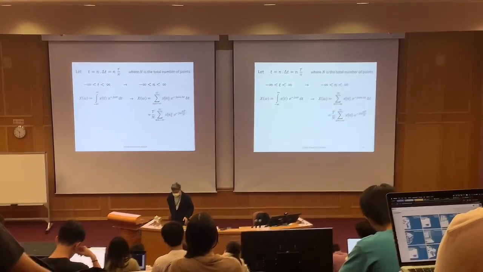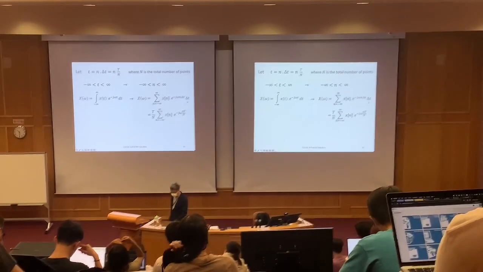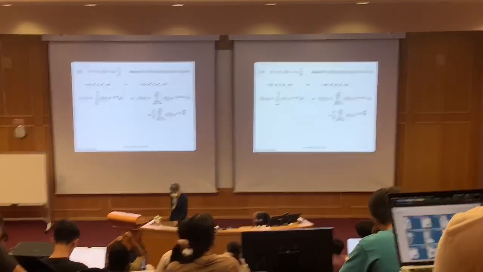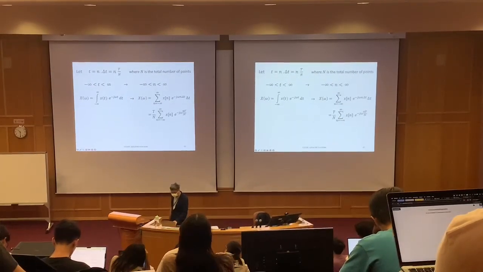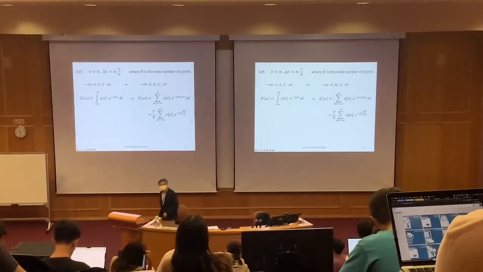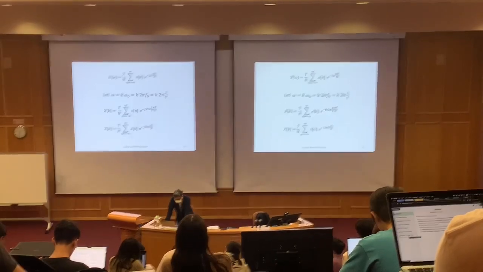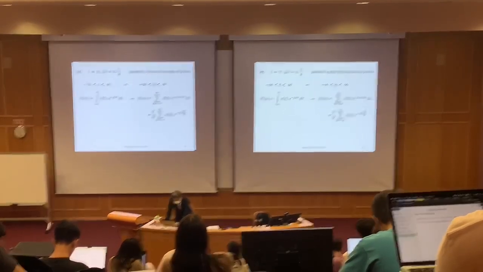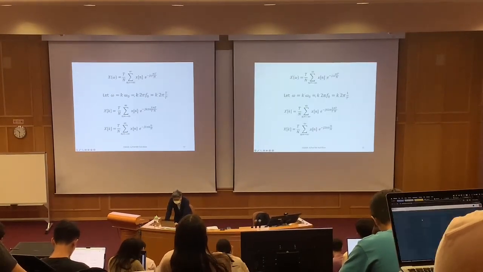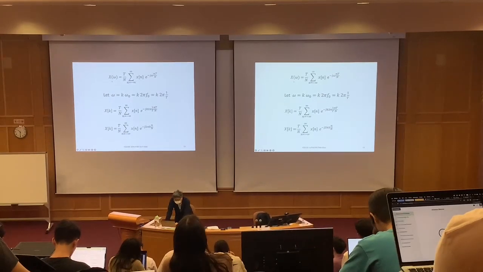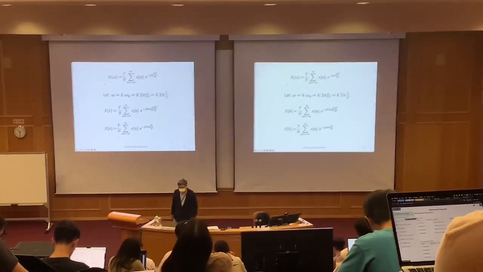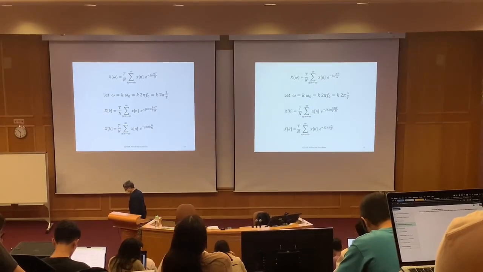And then, since delta t is equal to T over N, you write it this way. I just copy this one to the next slide, and you get this.